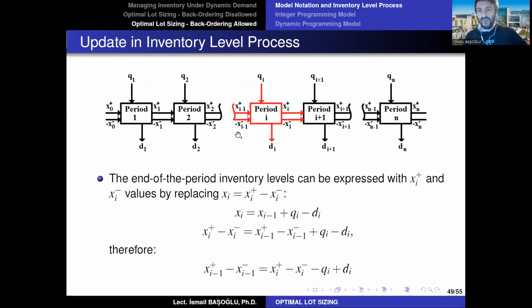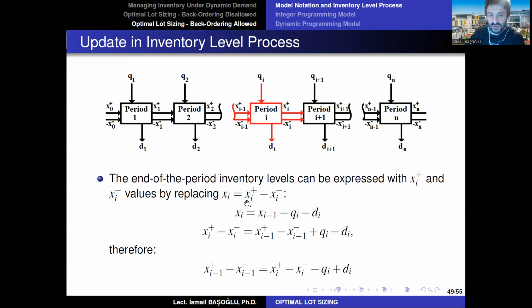So negative inventory level is negative, but when you multiply it by -1, it becomes the backordered quantity. So you end up with either a positive inventory level in the previous period or a positive backordered amount in the end of the previous period. Now, the summation of these two values is equal to the ending inventory level, which is either positive or negative.